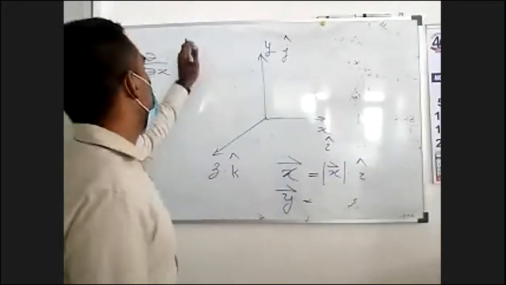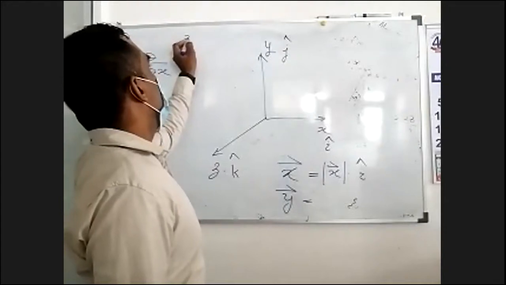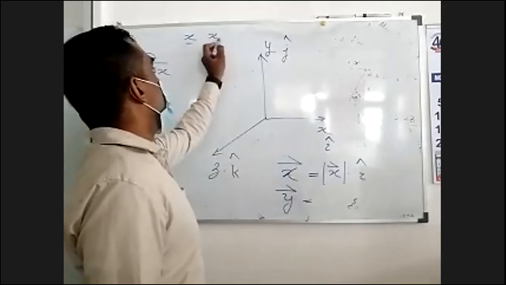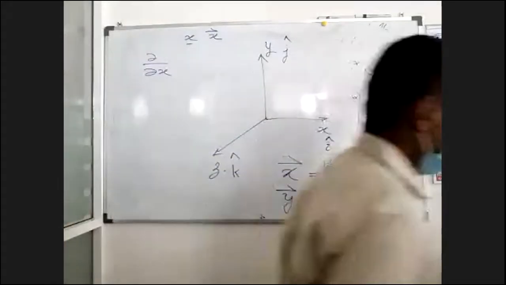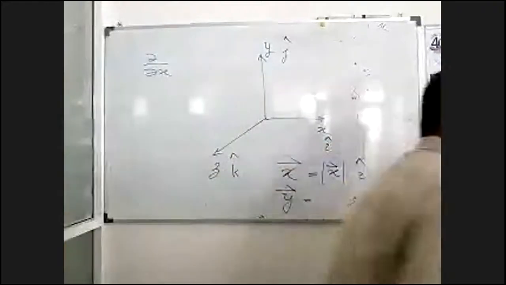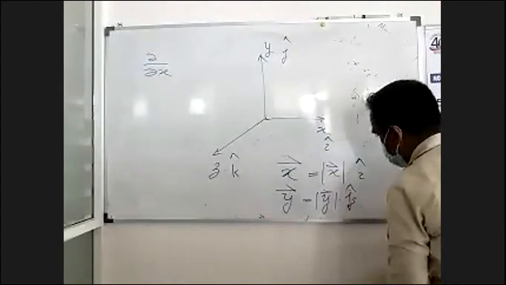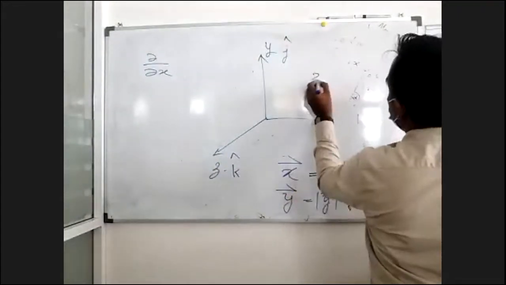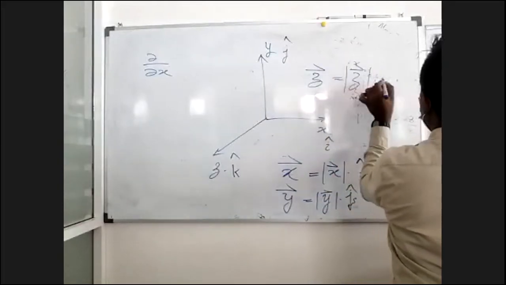In books, there are many ways to indicate a vector, such as a bar or the half arrow at the top. Both are the same. So y is the magnitude of y times j, and z is the magnitude of z times k.